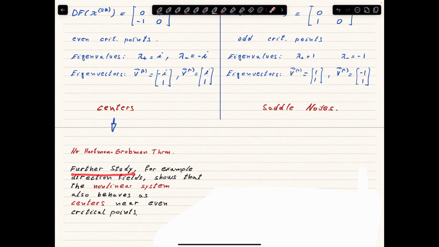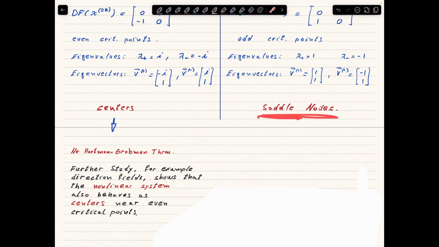So we need further study, for example, study the direction fields. And if you do that, you're going to see that the nonlinear system also behaves as centers. So the fact that the linearization is centers doesn't say anything about the nonlinear system, but further study reveals that they are centers too.